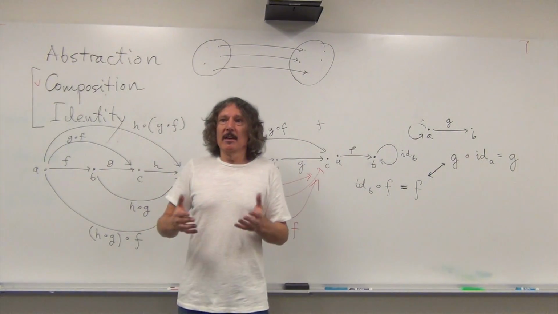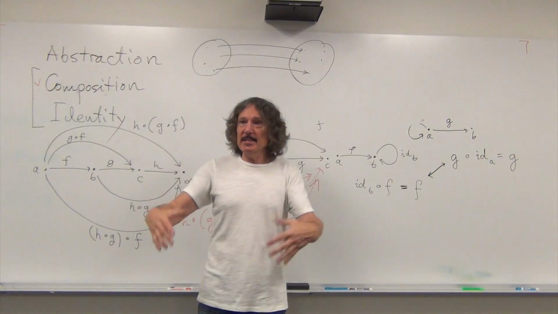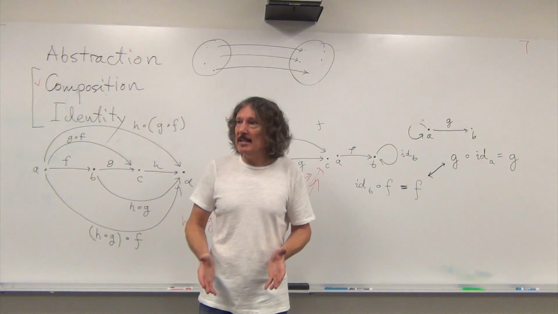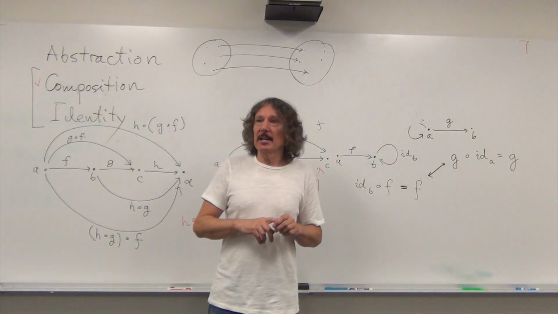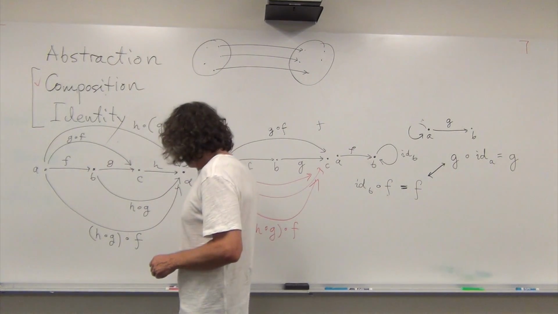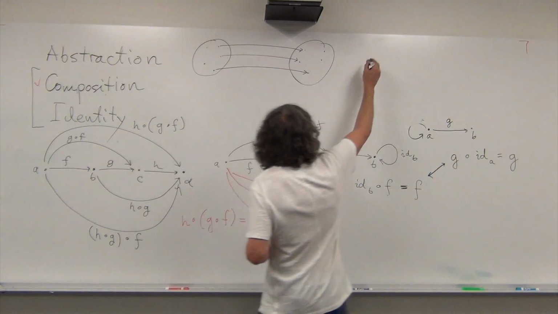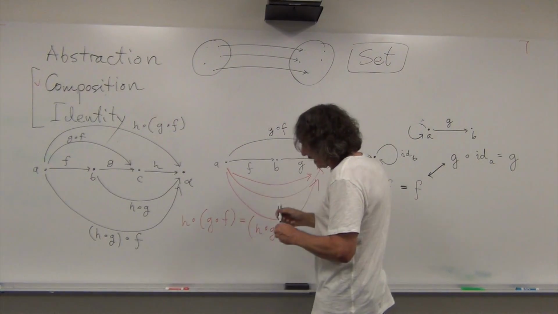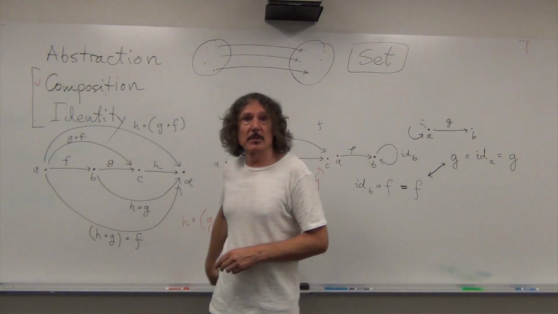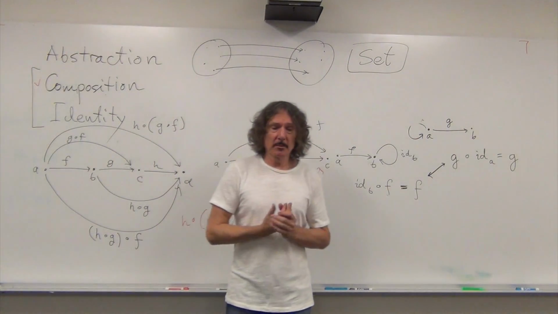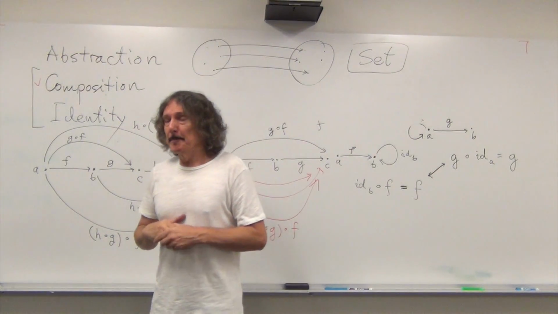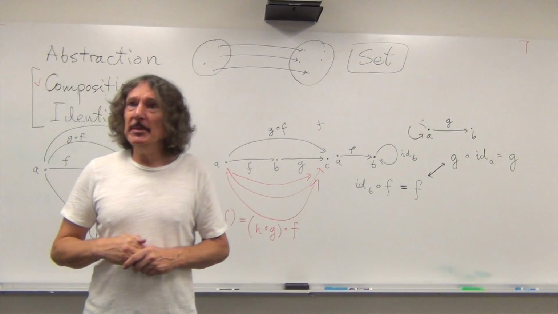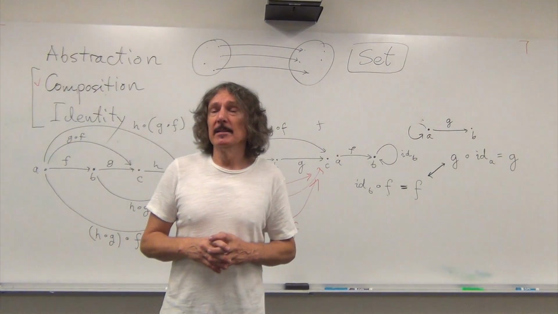And you say, I'm going to represent these sets as objects in my category. This category, by the way, is called Set. This is a category of sets and functions, right? We'll be using it quite often. So I'll be talking about the category of sets.